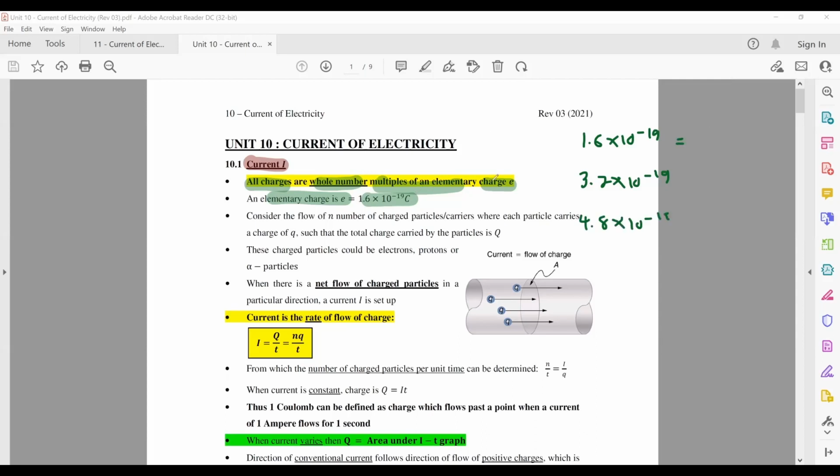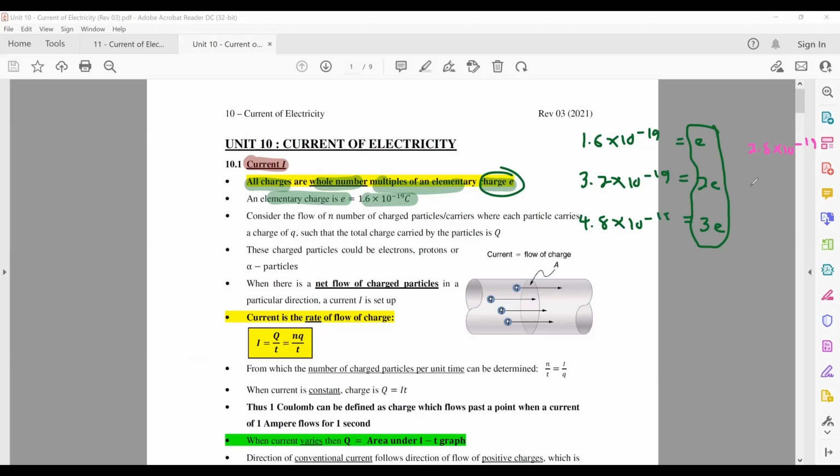In terms of the elementary charge E, this one is E, this one is 2E, and this one is 3E. Whatever charge that you see existing in nature must be in whole number multiples of your elementary charge.